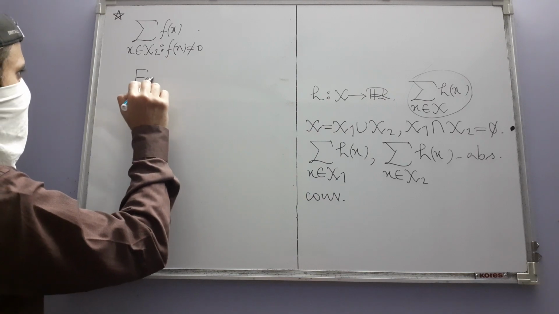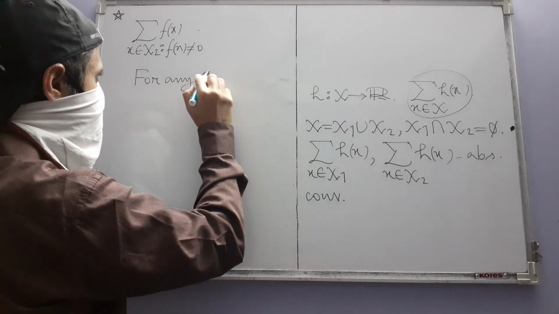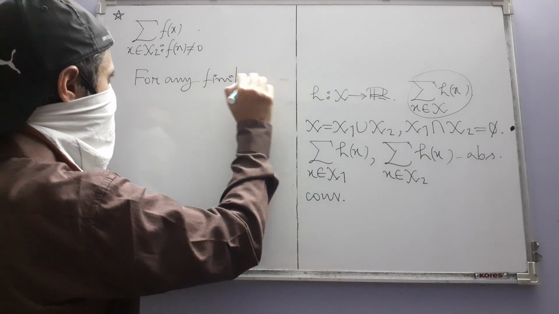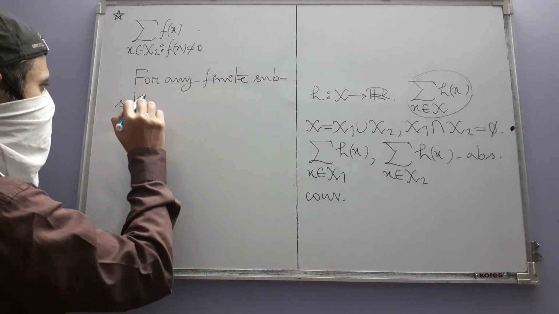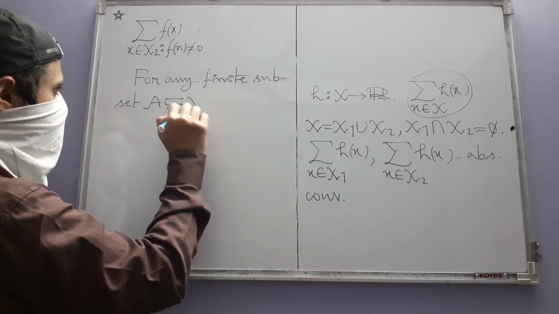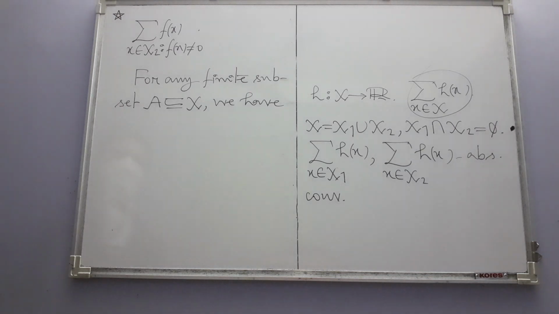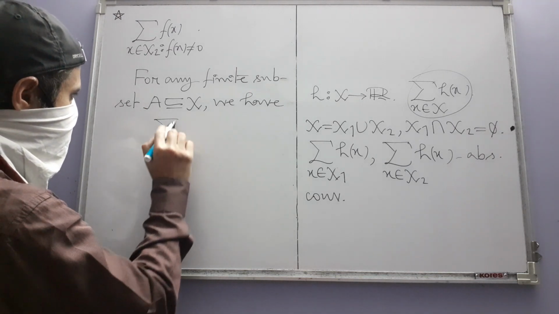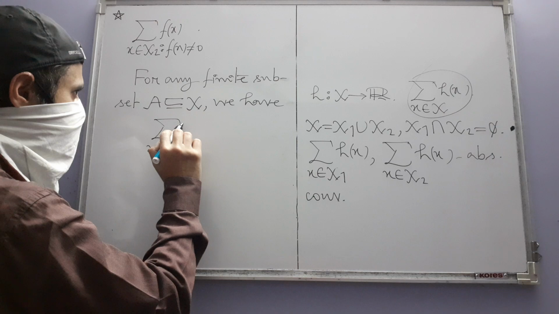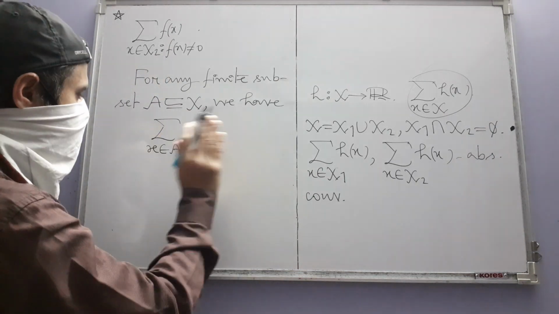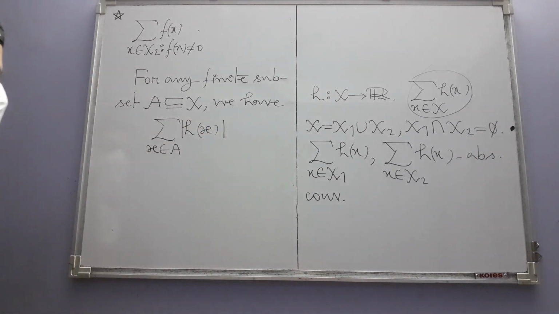For any finite subset A of x, we have, say we start with this sum of h, we are no longer having the function f.